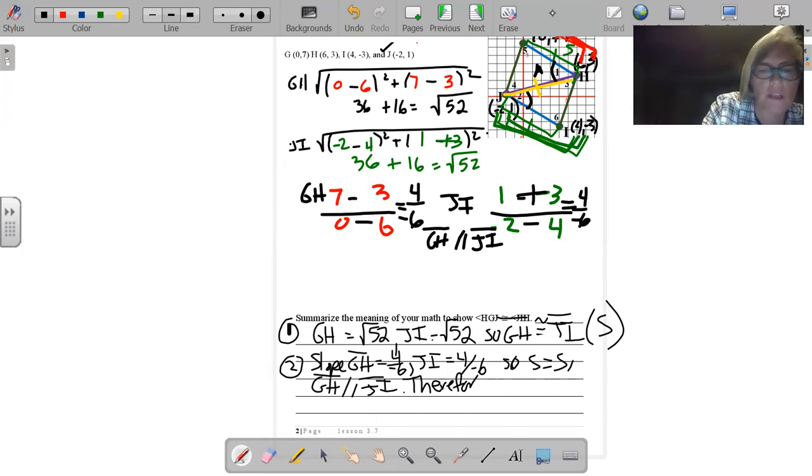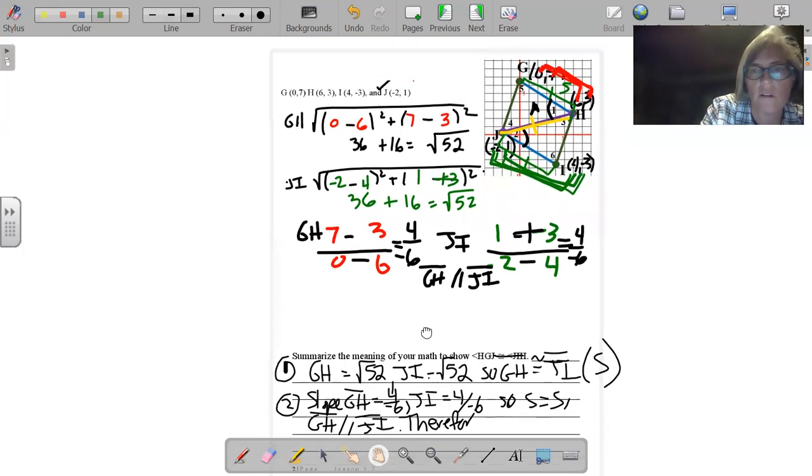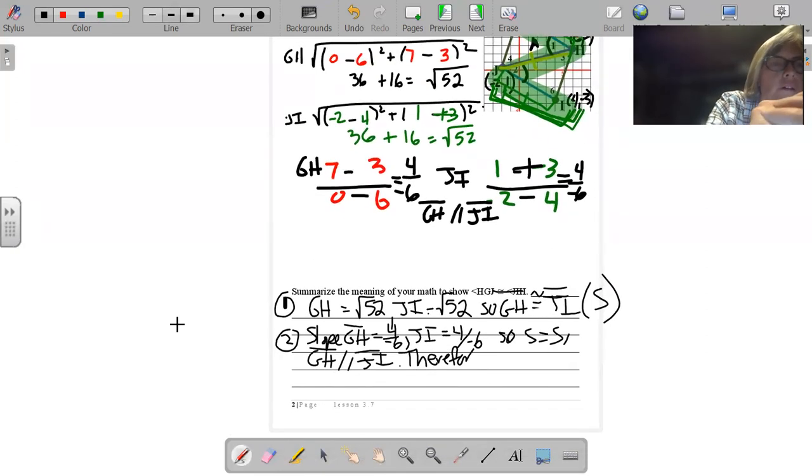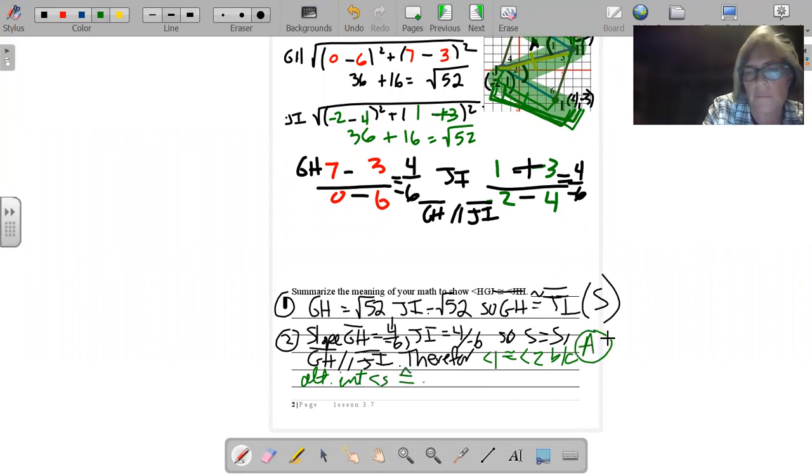Therefore, because they are parallel, you can get armpits of the Z. Therefore, angle 1 is congruent to angle 2 because alternate interior angles are congruent. There's your angle. Number 3 is our reflexive, so that's really easy.